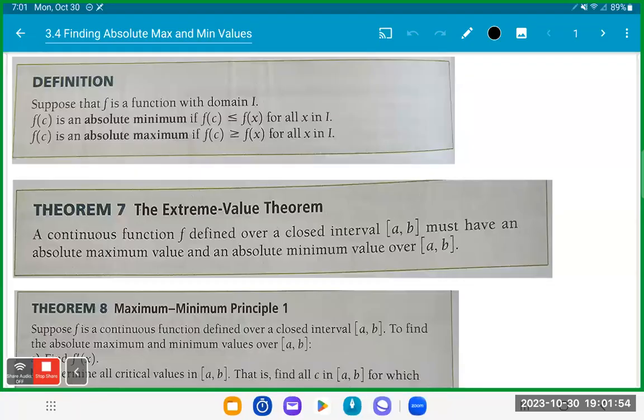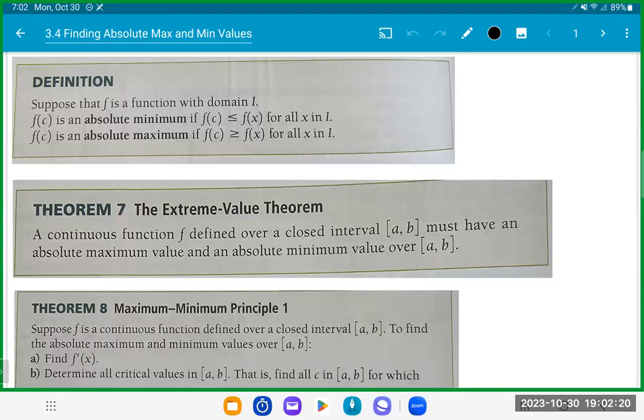This is a continuation of what we learned in the last couple of class periods, especially two Mondays ago, when we started our journey into chapter 3, where we were looking at applications of differentiation.